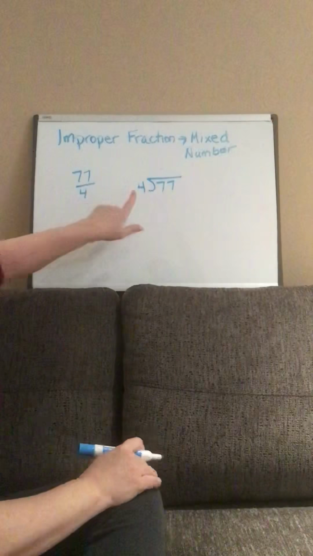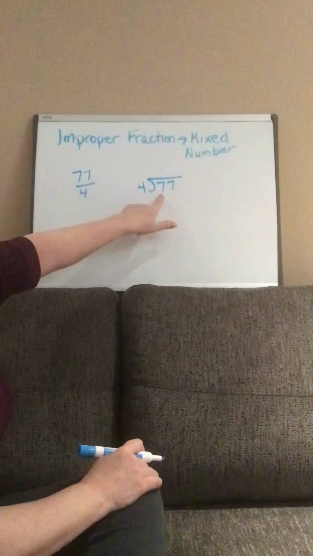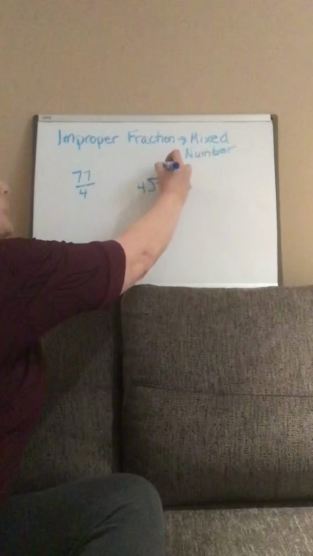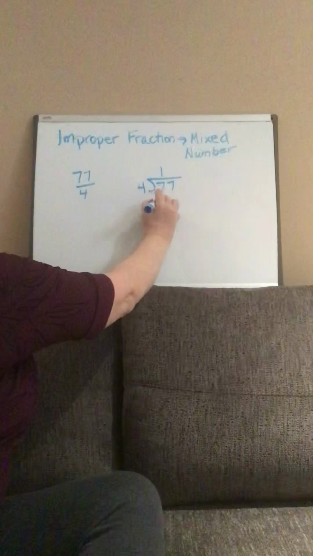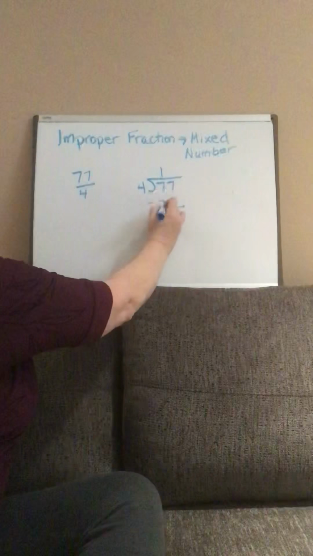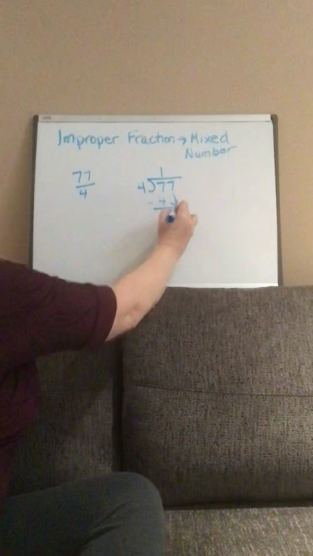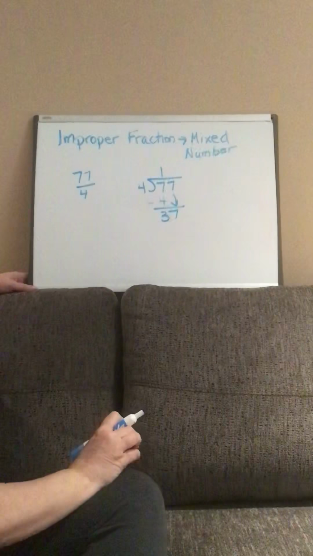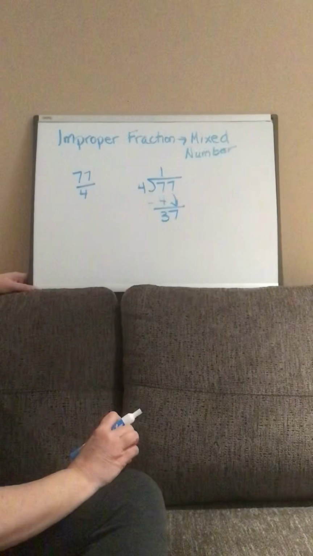How many times does 4 go into 7? Well, it only goes once because 2 4s are 8, and that's too big. So I'm going to put 1 here. 1 times 4 is 4. And I subtract. 7 subtract 4 is 3. Bring down this other 7, and I now have how many groups of 4 go into 37?